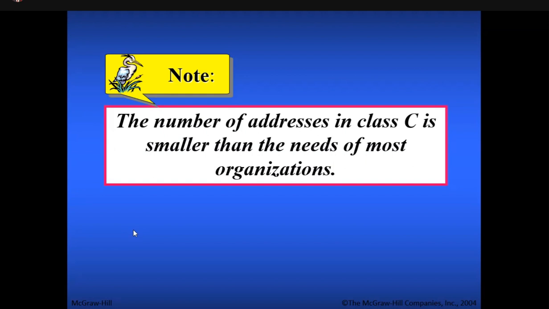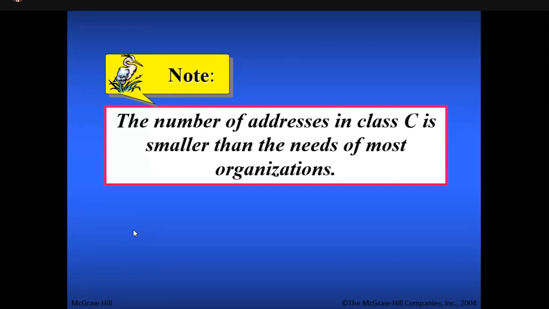The number of addresses in class C is smaller than the needs of most organizations. If you go to class C, the address range for the host is very small. It may happen that the address range available is lesser than what the organization needs.